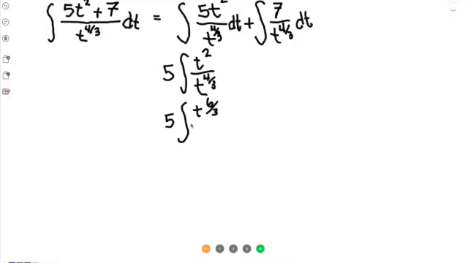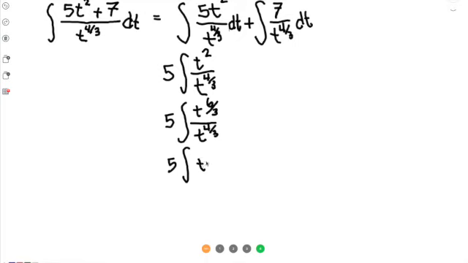So since we are dividing, we will be subtracting yung exponents. So that would be 6/3 minus 4/3. This will be equal to t raised to the power of 2/3.